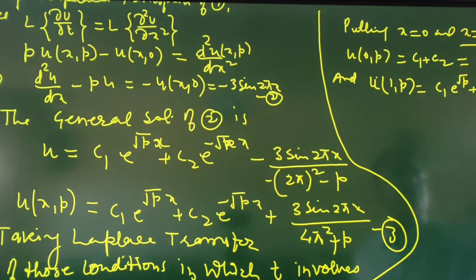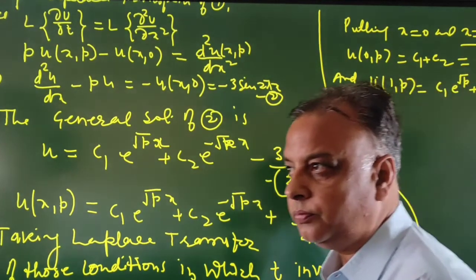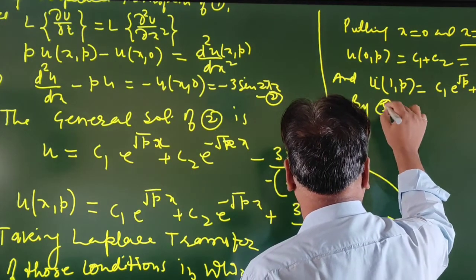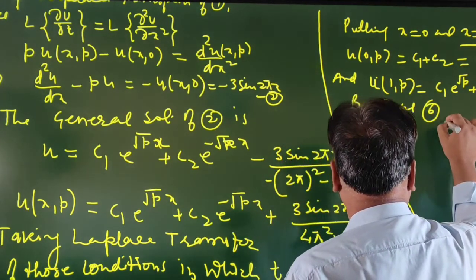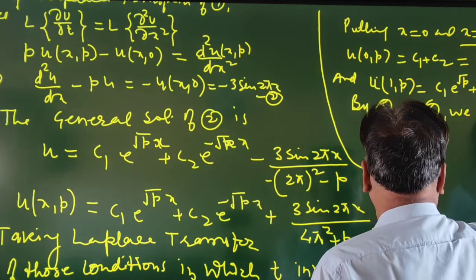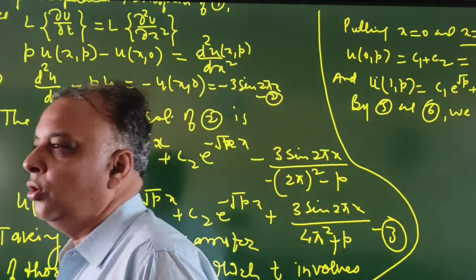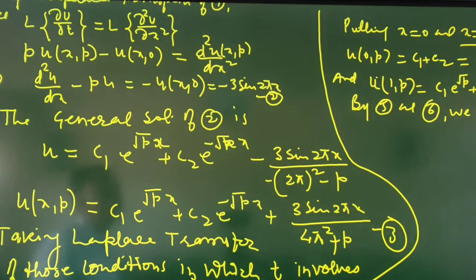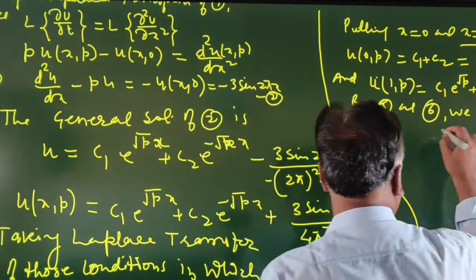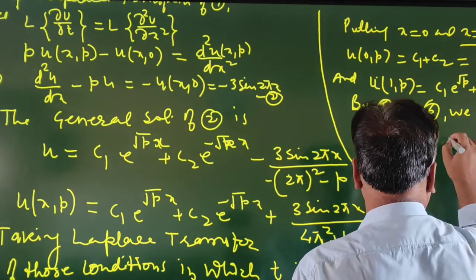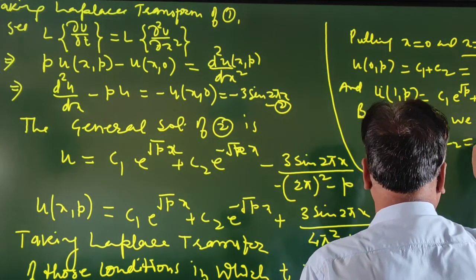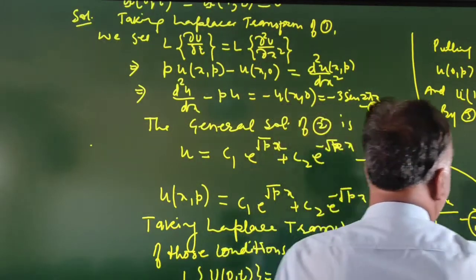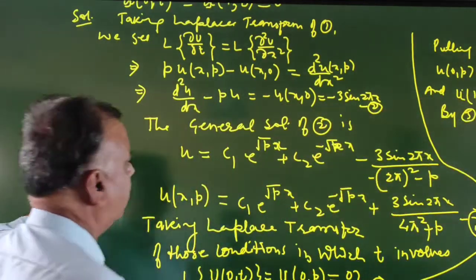This is number 6. So by 5 and 6, if c1 + c2 = 0 and c1 e^p + c2 e^p = 0, it is only possible when c1 = c2 = 0. So the values of both constants c1 and c2 are 0.